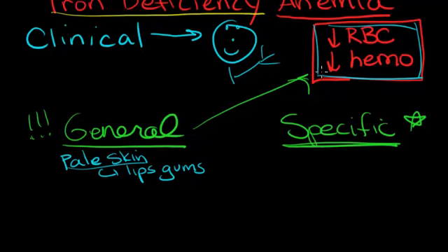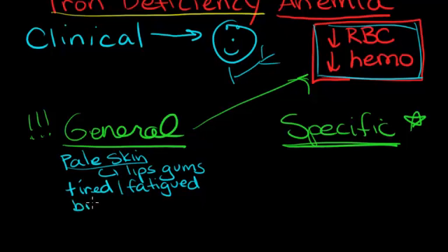Without that, you're going to have a paler complexion. They're going to complain of being tired, fatigued even, because they're not getting the oxygen delivered to the body cells as they need it. Over time, this can really wear down the person.